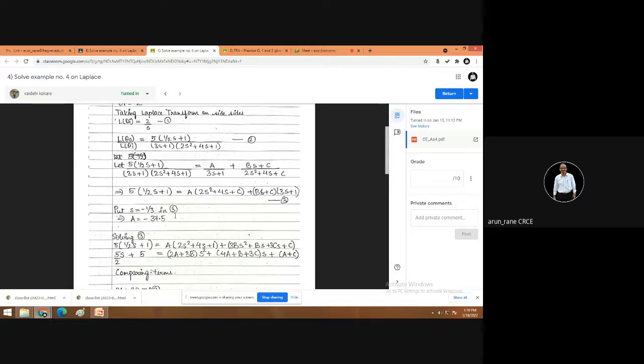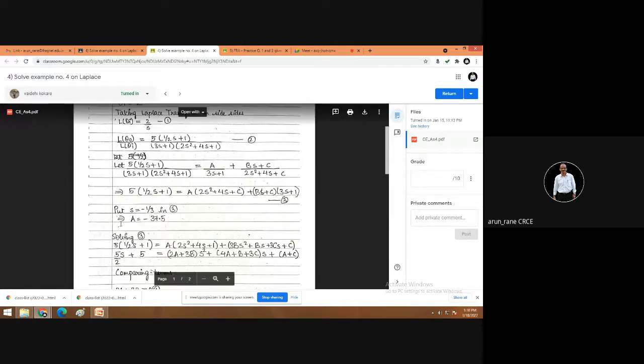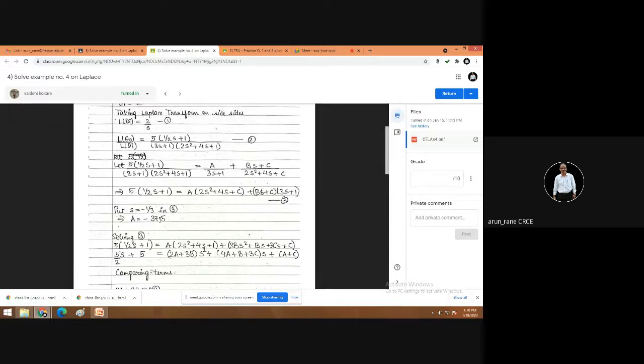Substitute s is equal to minus 1 by 3. So you are eliminating one bracket, that is, you are making one bracket as 0 and calculating the value of these coefficients, that is A, B and C. Okay, so A is equal to minus 37.5.